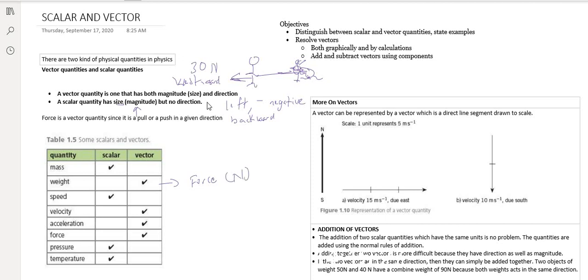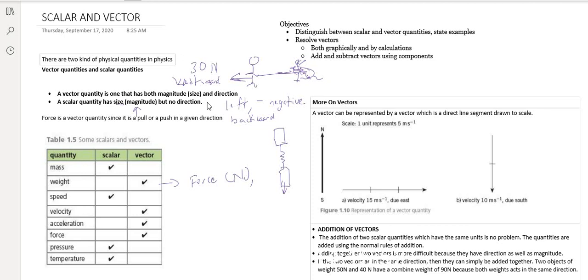So take for example, you have the spring balance here and the object is attached to it. The weight of this object is going to pull the spring balance down. That's how we would get the direction associated with this.